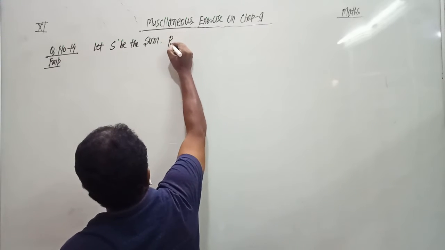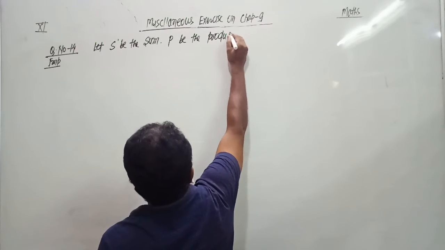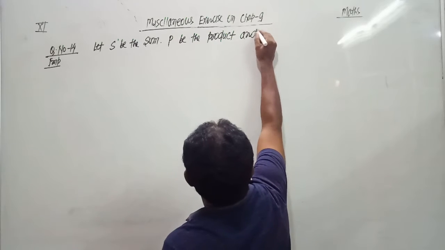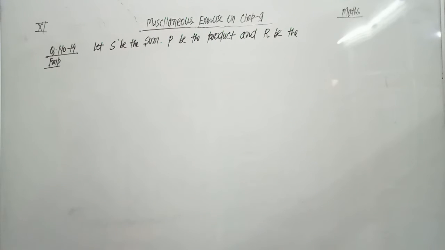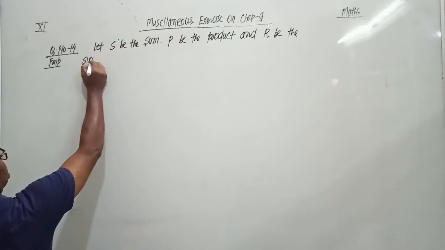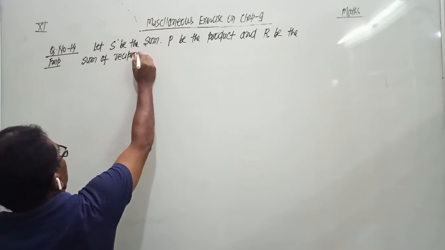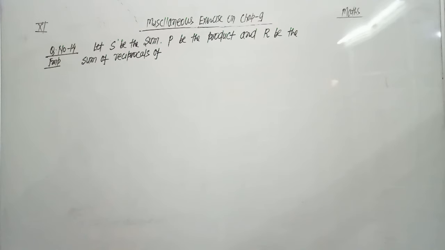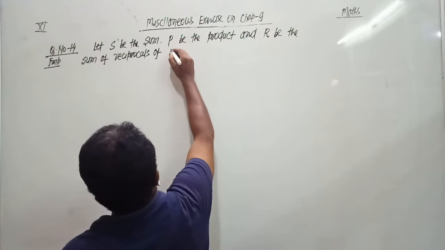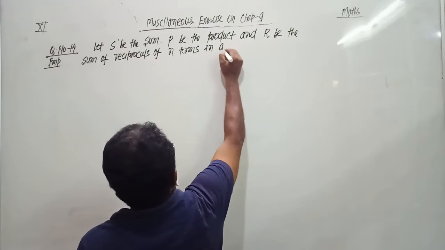Let S be the sum, P be the product and R be the sum of reciprocals of n terms in a GP.